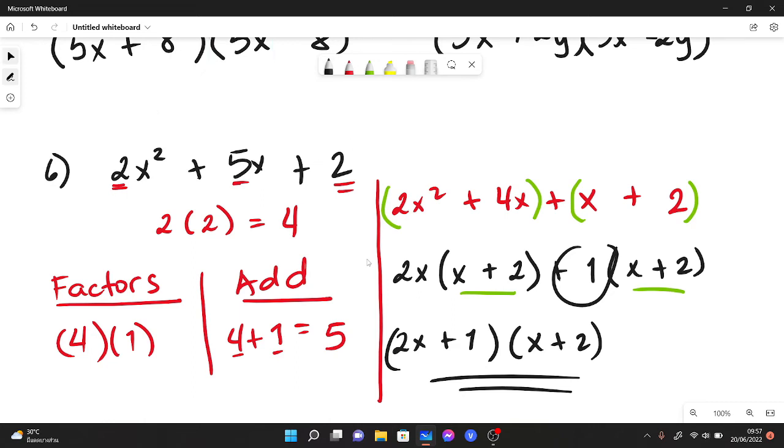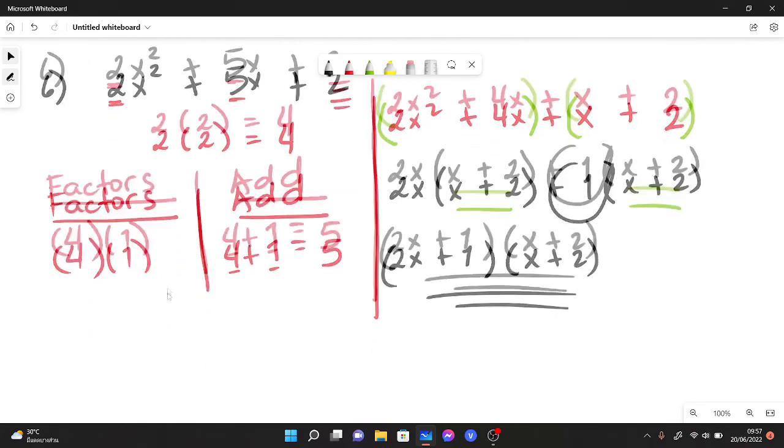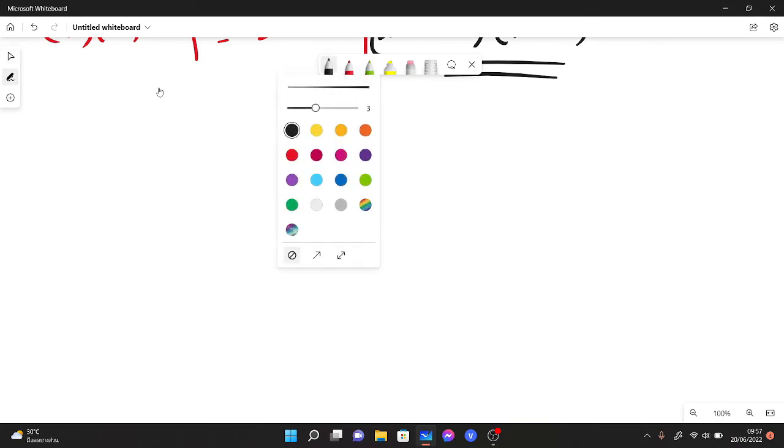Okay, next one, number 7. Another example. Number 7, let's try with the negative. We have 4x squared plus 3x minus 7.